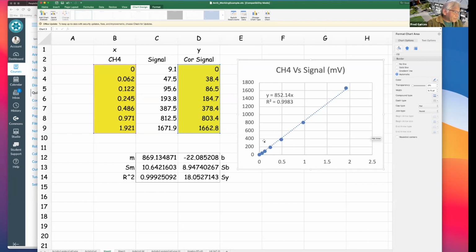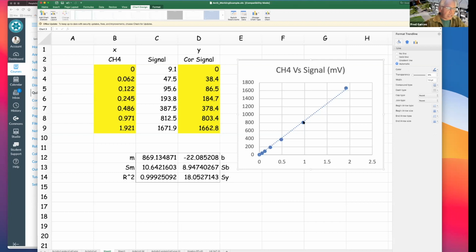And the reason why this is off is probably because this equation right here, I forced it to go through 0. This equation right here is not forced through 0. It's actually based on the data. So let me go back here and change this. I want to change this so that it doesn't go through 0.